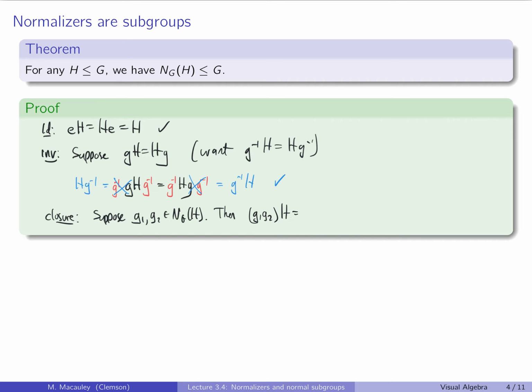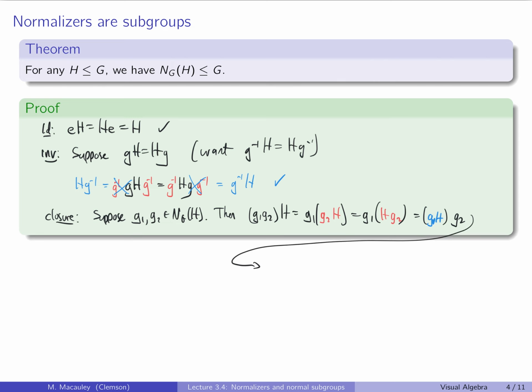So in other words, we can write this as G1 times G2H. And then we can write this as G1 times H G2. And then we can regroup this and write this as G1H times G2.